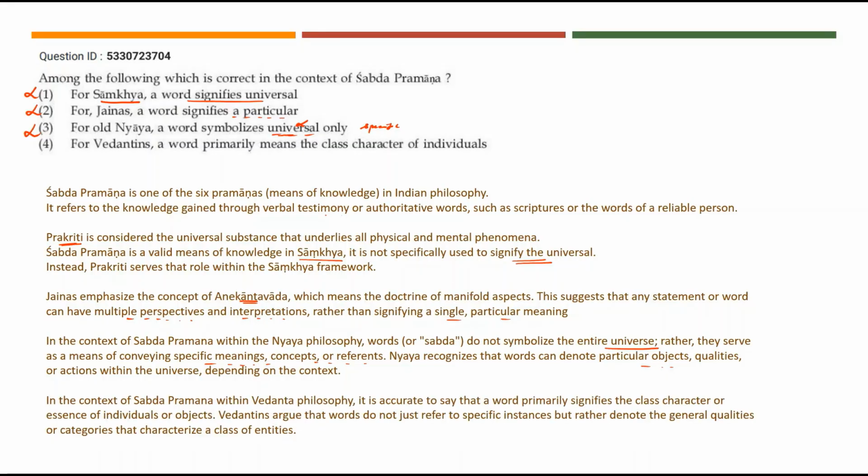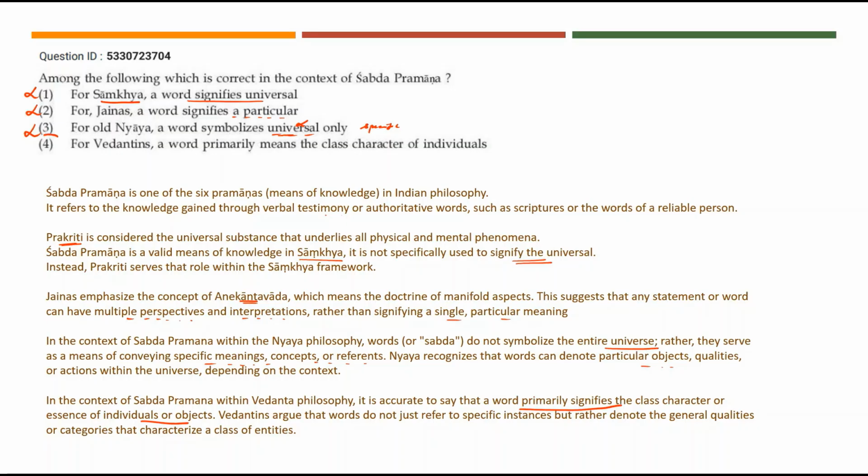We'll just see. For Vedantins, a word primarily means the class character of individuals. In the context of Sabda Pramana within Vedanta philosophy, it is accurate to say that a word primarily signifies the class character or essence of individuals or objects. This statement is perfectly matching with the fourth statement.